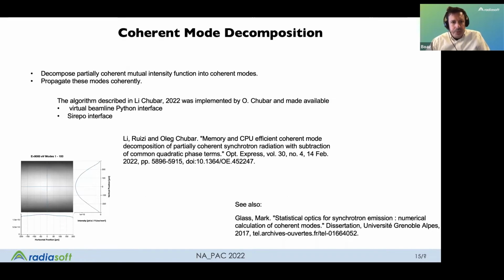What you can do is a decomposition of the initial mutual intensity function into these coherent modes, and then you can propagate those down the beamline. So instead of sometimes needing 10,000 or 100,000 macroparticle propagations, you may only need 10 or 100 coherent modes when you do the mode decomposition.